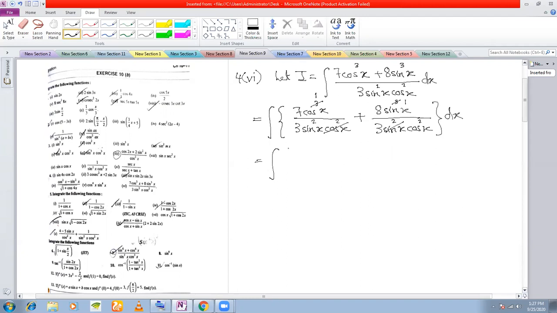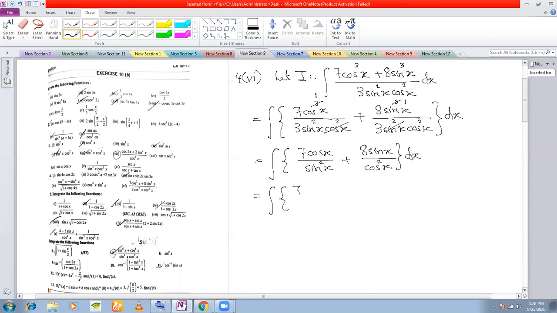Integration of 7 cos x by sine square x plus 8 sine x by cos square x dx. Now what is this?